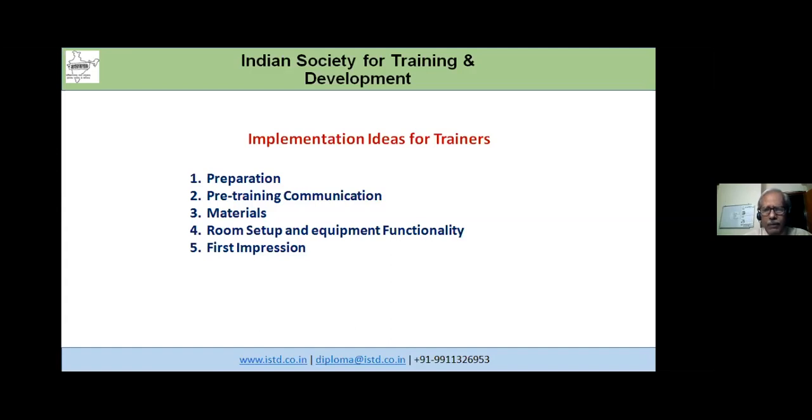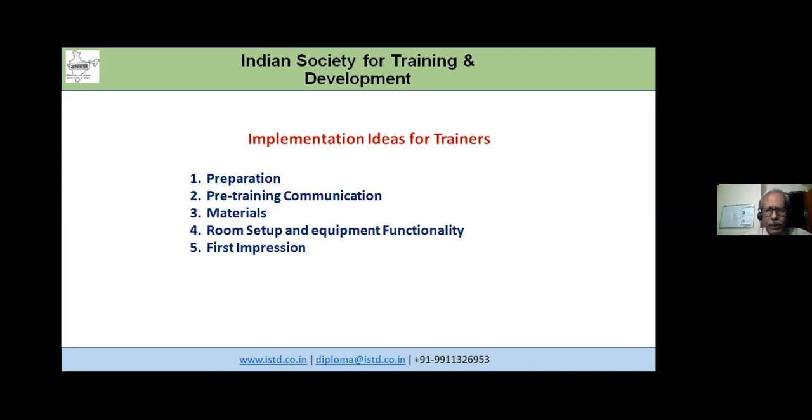The room setup is very important from a trainer's point of view, because of how the sitting arrangement is made, whether there is any room for the trainer to move around, where the dais is, whether it is at a height or at the level of the trainees, and how many participants are supposed to be there. That gives you a fair idea of how the trainer is going to make the show on the day of training.